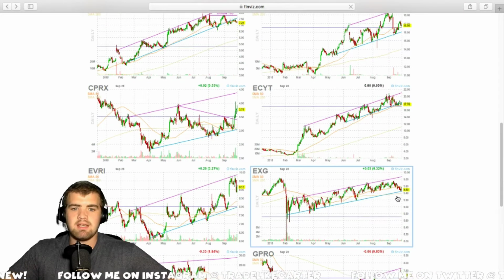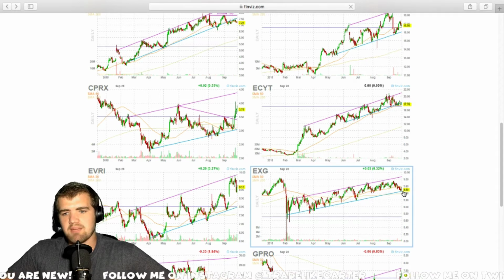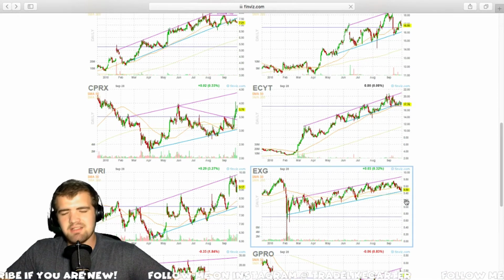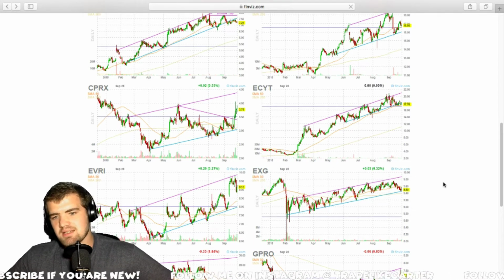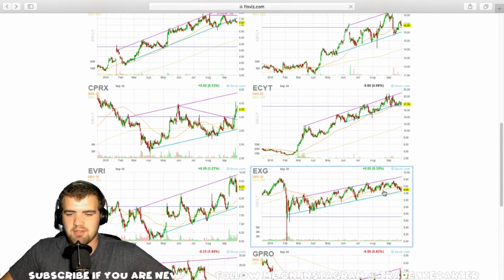This one, EXG, is hitting this trend line right here. We could get a pop back up to 980. That is a pretty good confirmation right here pretty soon.